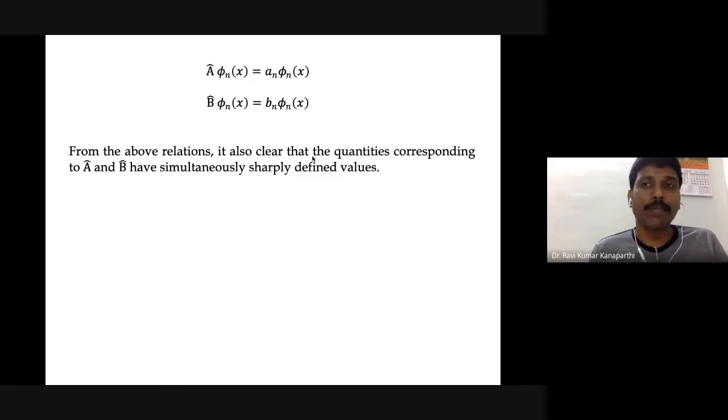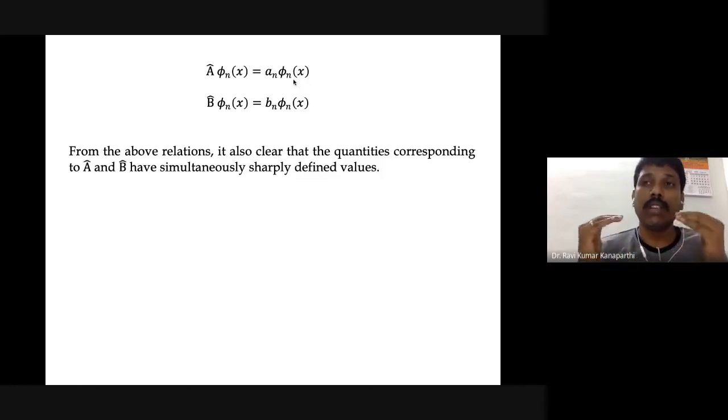Now, if any two operators corresponding to two different observables are commuting, they will have the same set of eigenfunctions. That is one thing. If they have the same set of eigenfunctions, it also implies that they will have precisely and simultaneously sharp defined values.